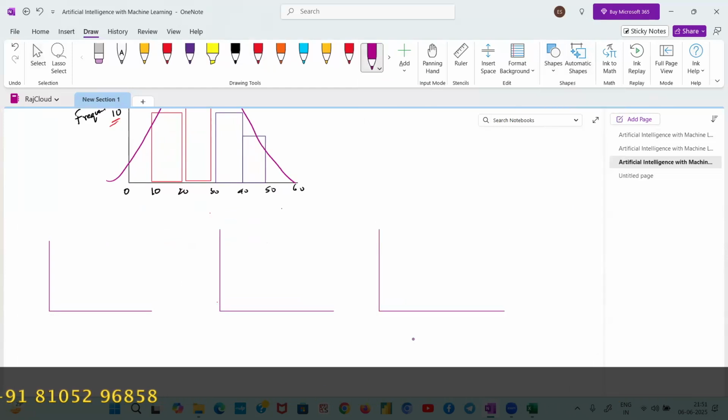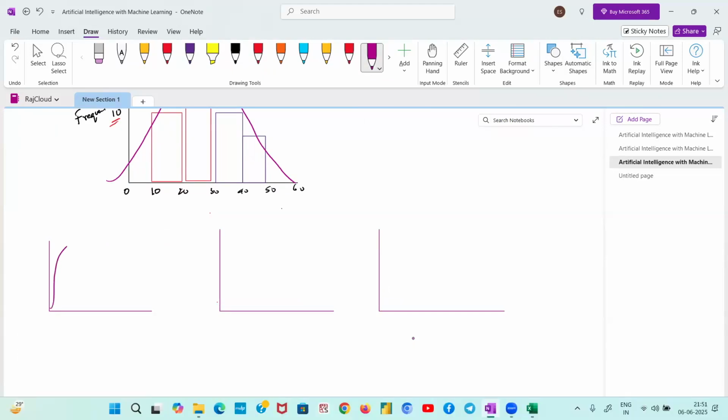If your data is more on the left side and the right side is very less, we call it right skewed. And if your data is like this, we call it what? Symmetrical. And if the left side is less and the right side is more, what do you call it? Left skewed.